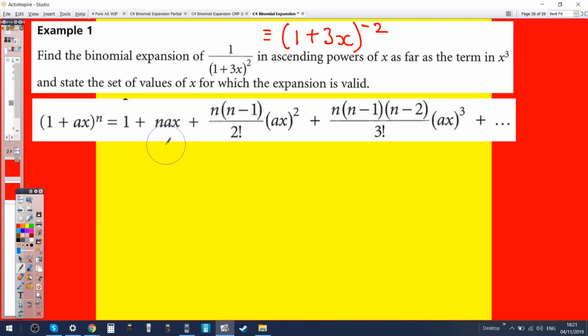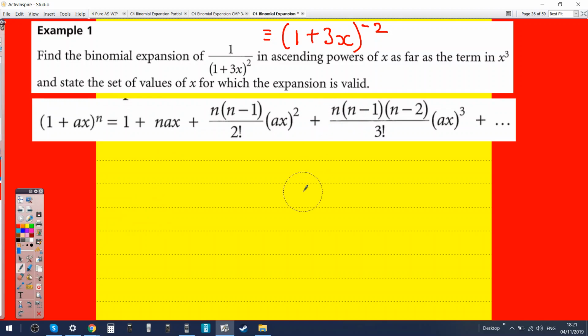Okay. This time, find the binomial expansion of this. 1 plus 3x squared, and I rewrote it as 1 plus 3x to the minus 2. And this is using the other formula. So minus 2 is equal to n, and x is 3x.